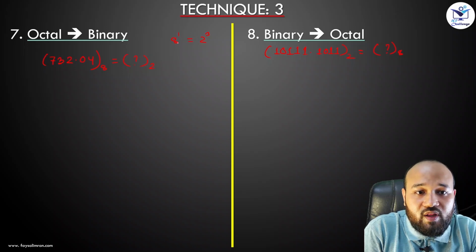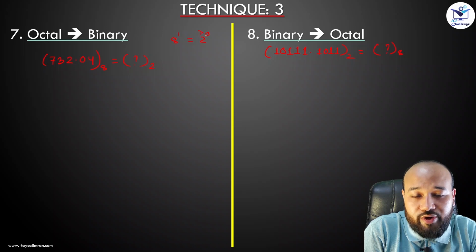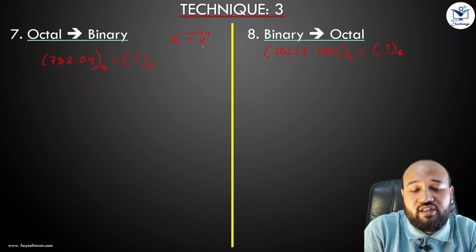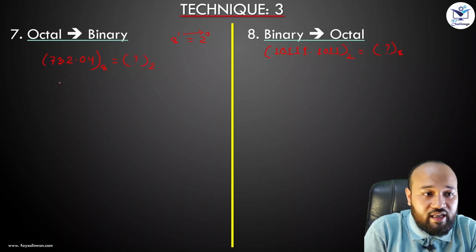So from octal we are going to the binary number system. We have to convert each of the digits. When we convert to binary, each octal digit will be converted into 3 binary digits, like 7.